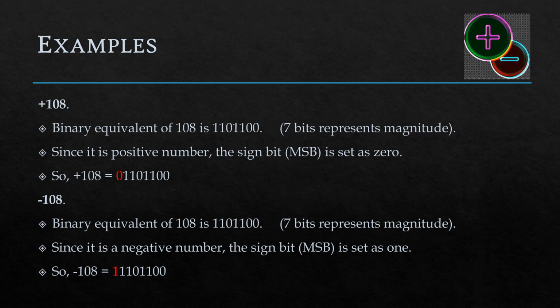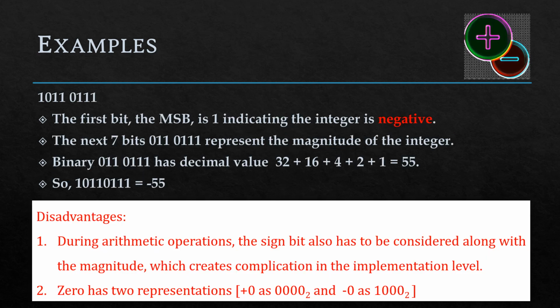So minus 108 can be represented as 1 110 1100 in sign and magnitude form. The only difference is in the sign bit. If it is a positive number, the sign bit is set as 0. If it is a negative number, the sign bit is set as 1. Let's look at another example.